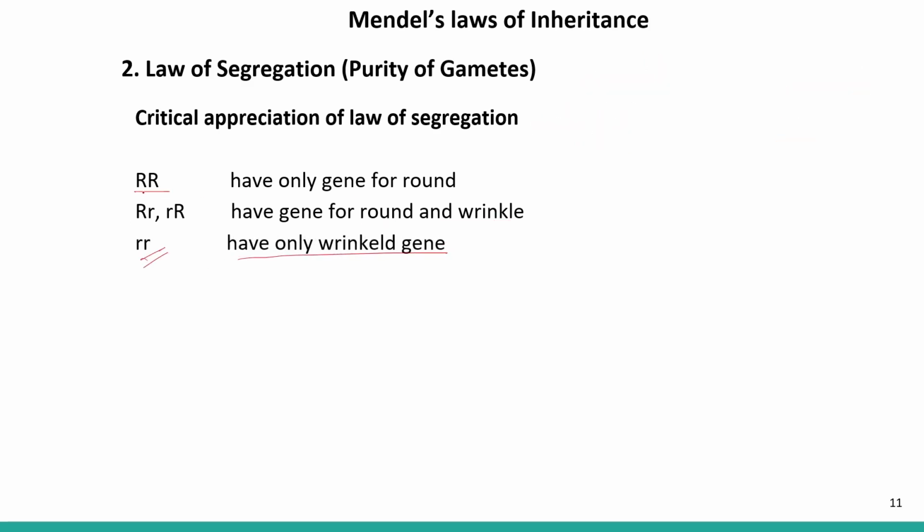So RR, capital R, or small r, these are having round and wrinkled genes, but this will appear as a round seed, right? This is pure round and this is pure wrinkled.